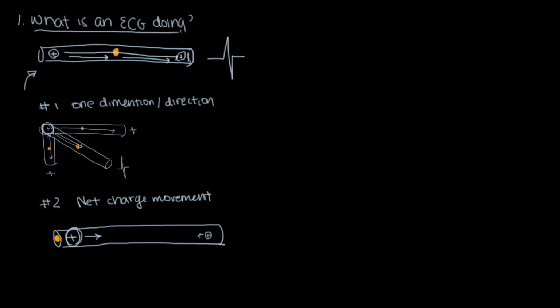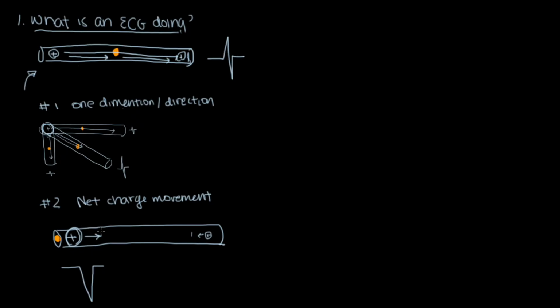If this charge were not in the picture, then this charge's movement is going to look just like how we went over before. It's moving away from the sensor, so it will look like it's going away.